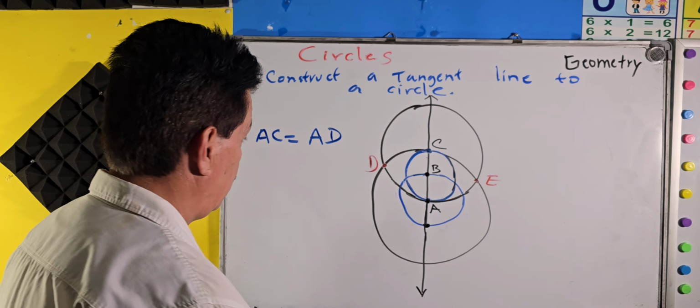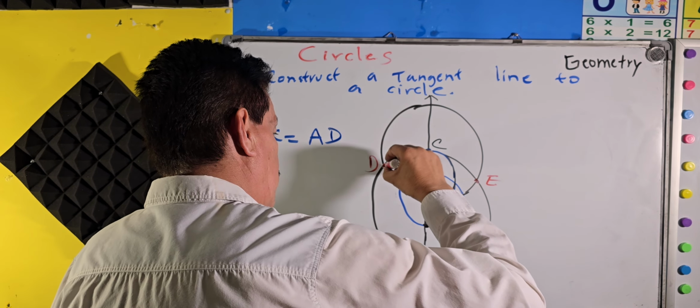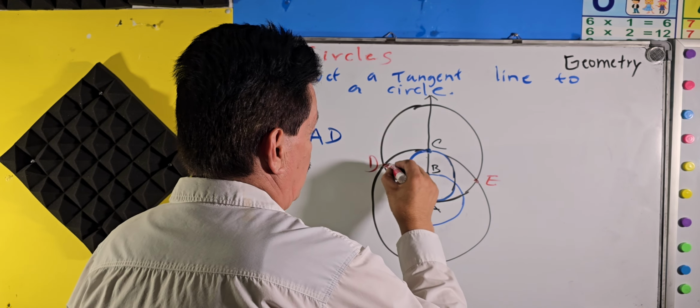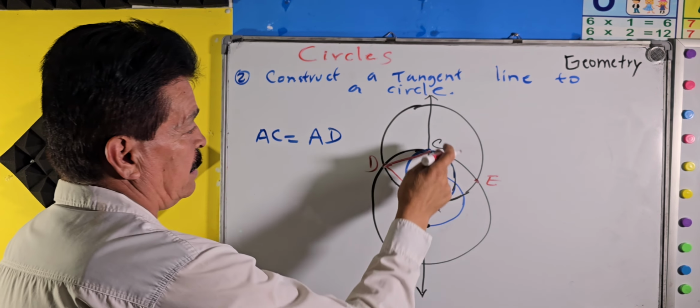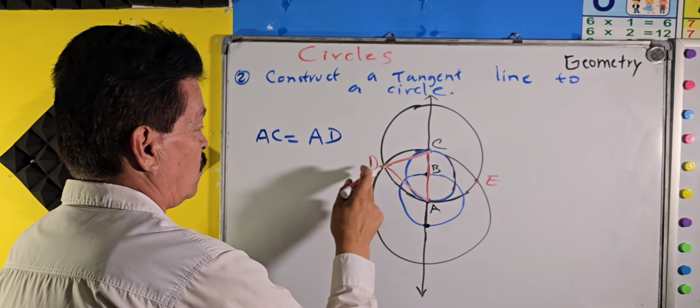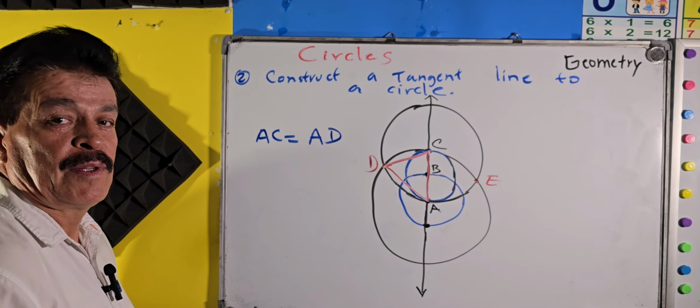Let me write AC right here. It's like a triangle right here. I mean, all sides must be equal. So AC is equal to AD. All right.